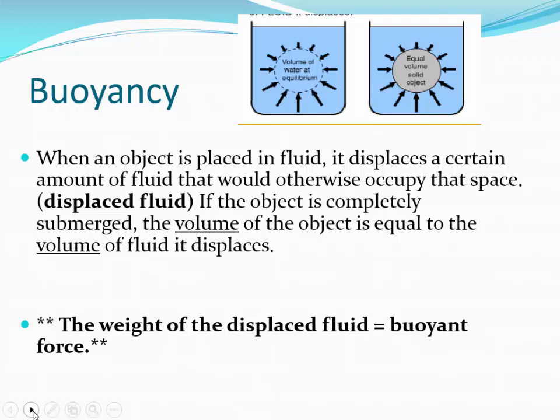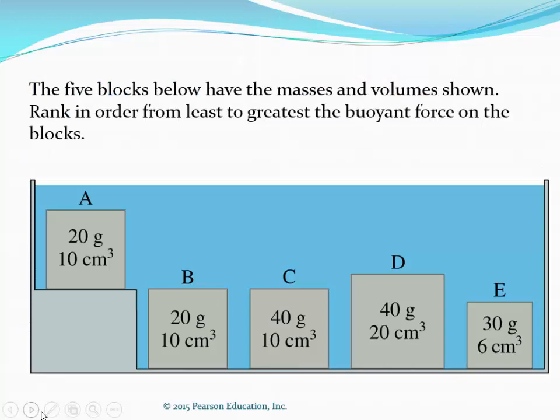All right, so let's take a look at a little ranking task. It says the 5 blocks below have the masses and the volumes shown. Rank in order from least to greatest the buoyant force on the blocks.